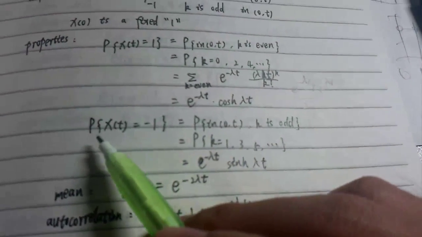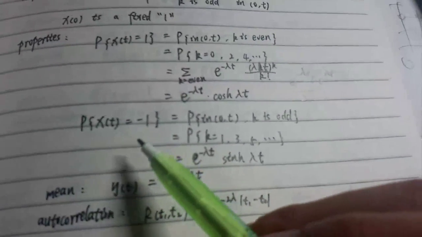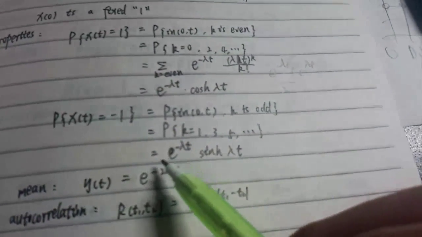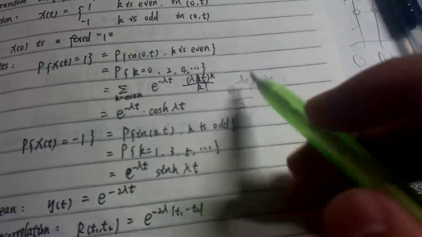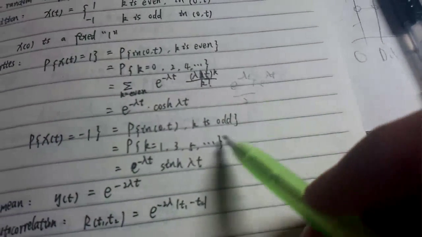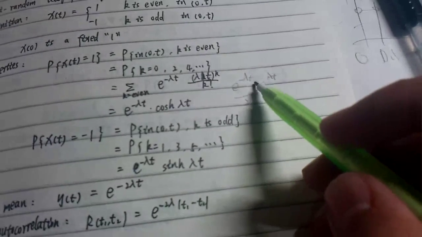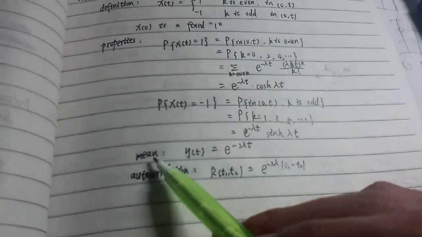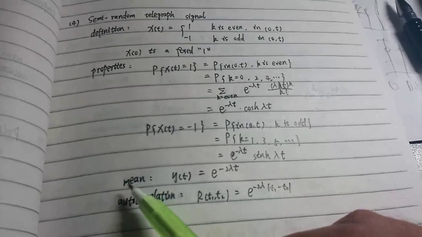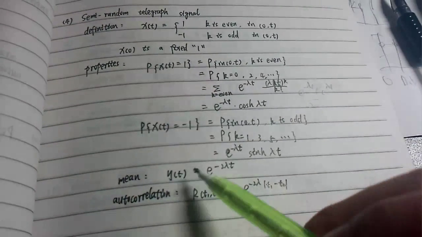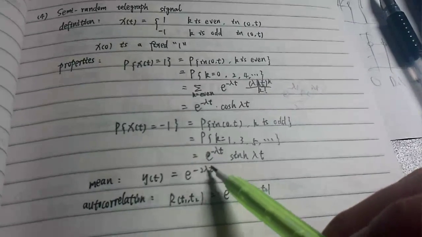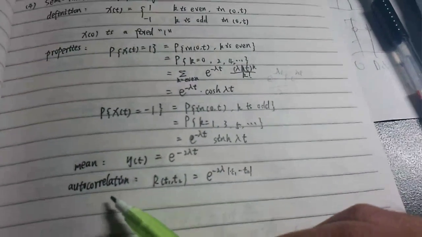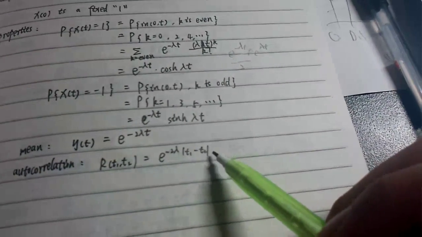And the probability Xt is equal to minus 1 is equal to this thing. Sinh lambda t is equal to this thing, just write plus as minus. And the mean of this example is equal to e to the minus 2 lambda t, and the autocorrelation is this absolute value.